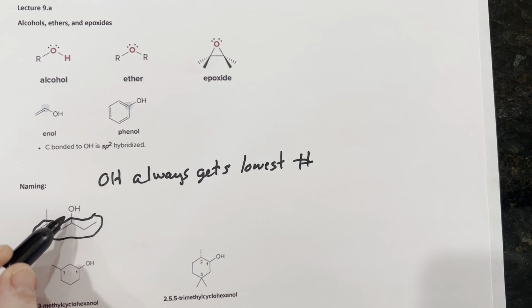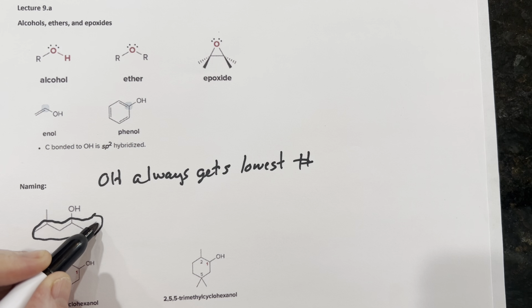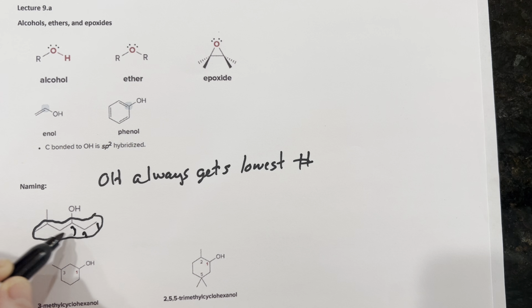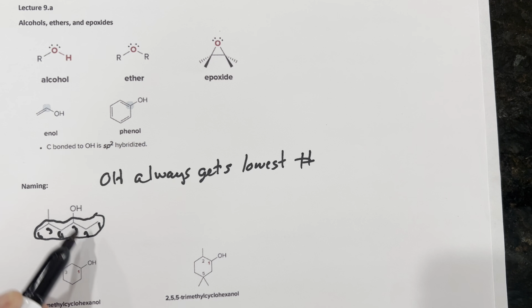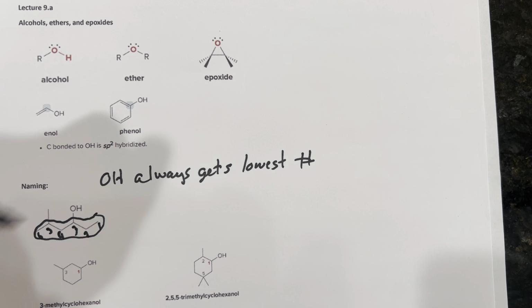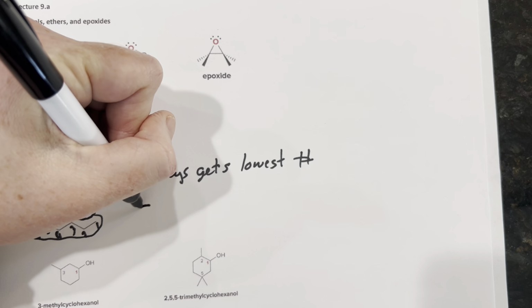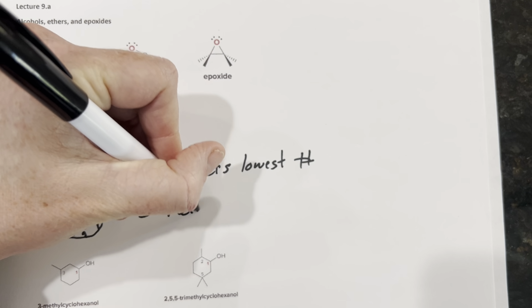So if alcohol always gets the lowest number, what I mean by that is this one has to be 1, 2, 3, 4, 5, 6, for example. If alcohol gets the lowest number, you name the other stuff first. So this would be a 5-methyl, because we have a methyl on the 5 carbon.